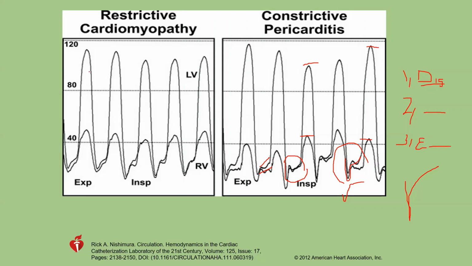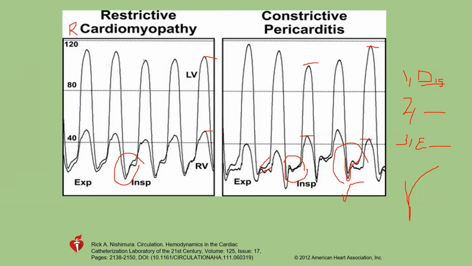Now, when we look at restrictive cardiomyopathy, it might also give us dip and plateau, less of equalization, but the most important thing is that there will be what? Concordance. Meaning when this goes high, this goes high.